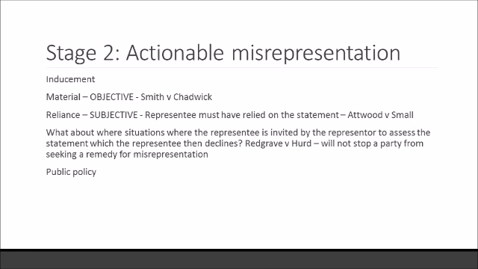When the representee then entered into the contract with the representor and found out that the statement was untrue, it was false, it was held that actually he didn't rely on the statement. He relied on the third party's research.